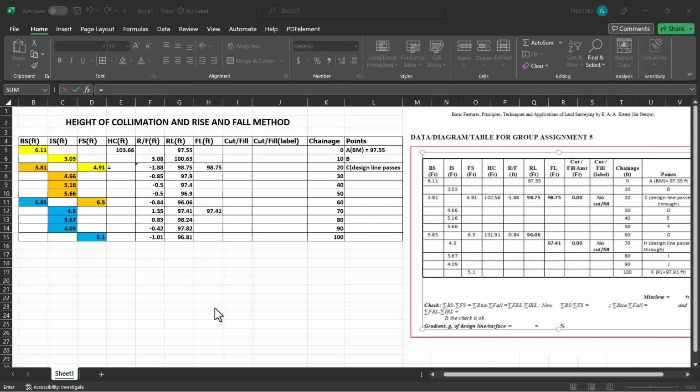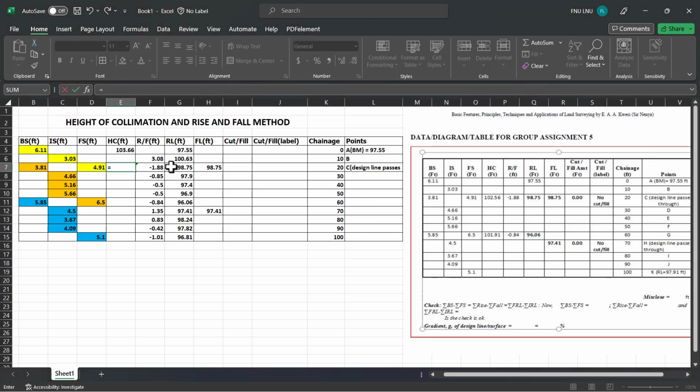So for us to get the height of collimation at change 20, you have to know the backsight and the reduced level at that change.